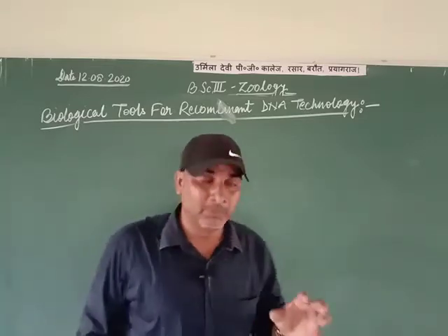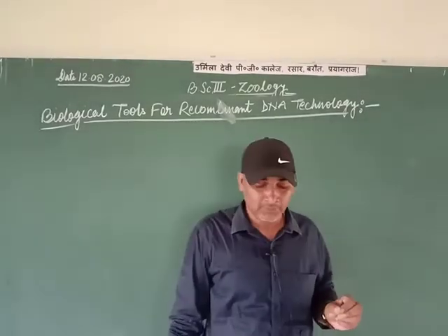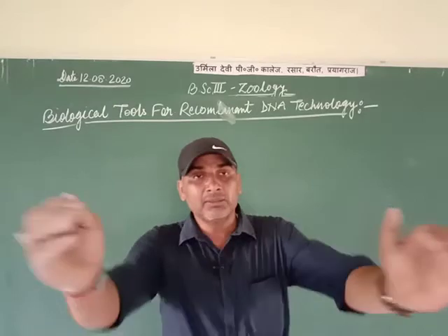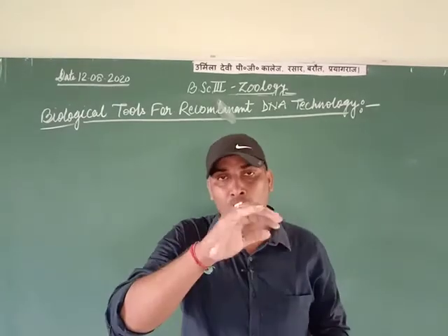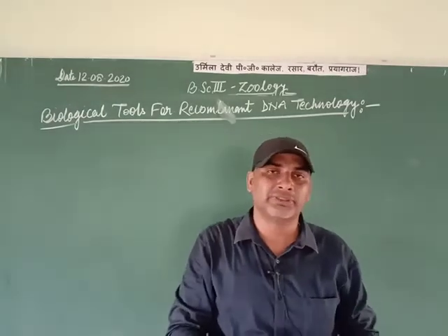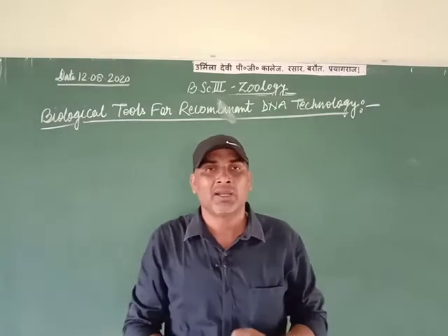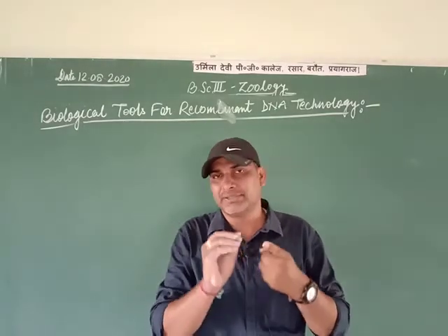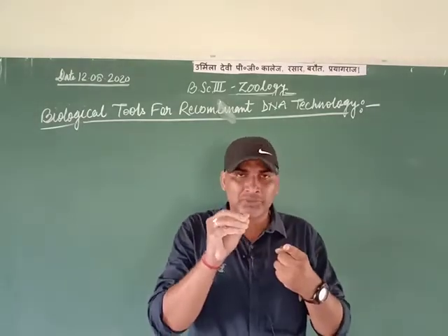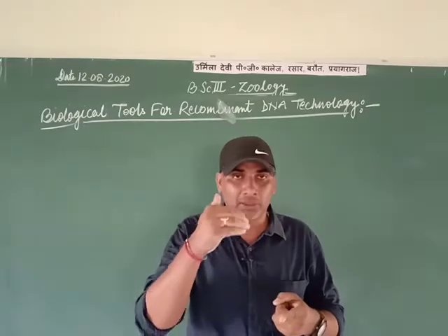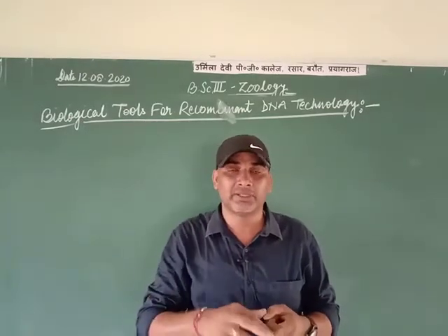These are the four major things used as tools to complete the process of genetic engineering. First is the number of enzymes which play a role in the process of genetic engineering.